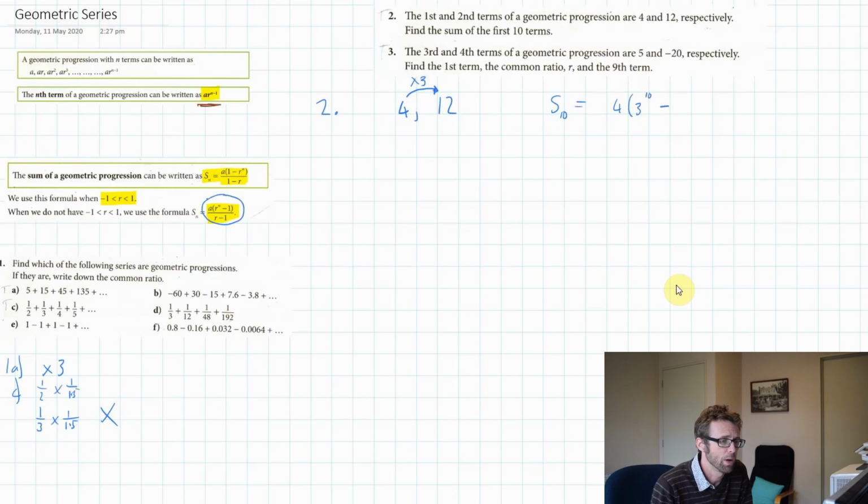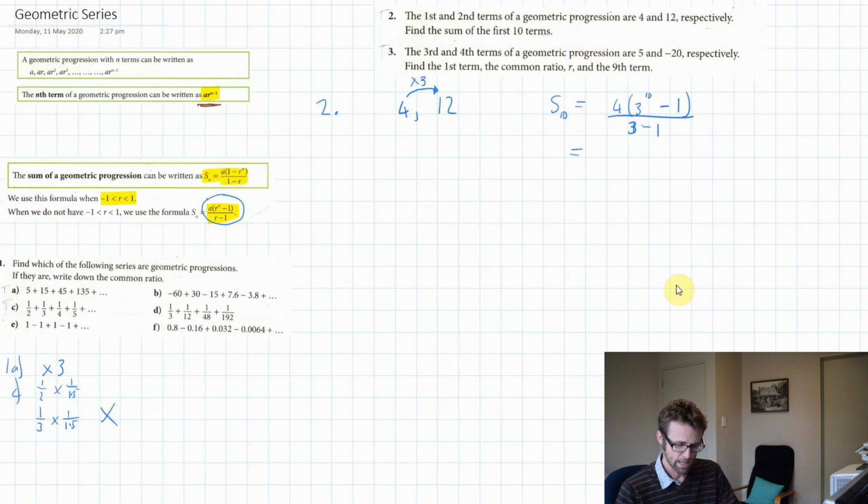And then I'm going to subtract 1 from that, and this is going to be all over r, which is 3 minus 1. Now if we plop this in the old calculator, let's have a look what we get. So I'm going to have 4 bracket 3 to the power of 10, and I'm going to subtract 1 off of that. At the bottom I'm going to have 2.